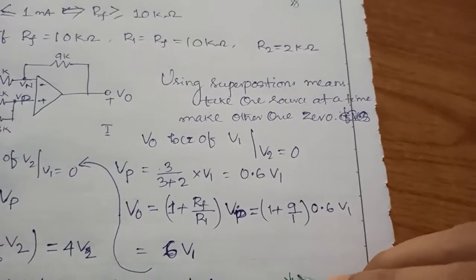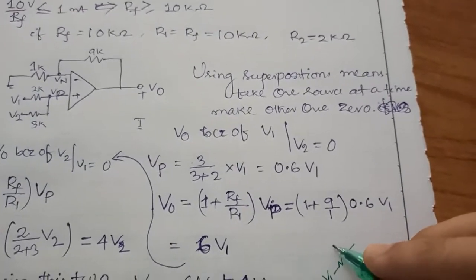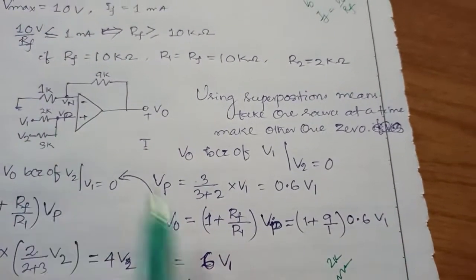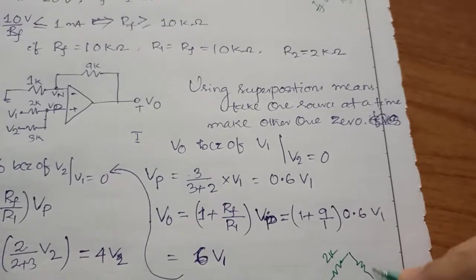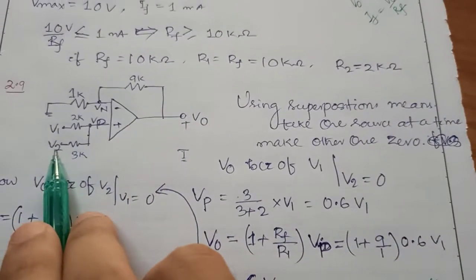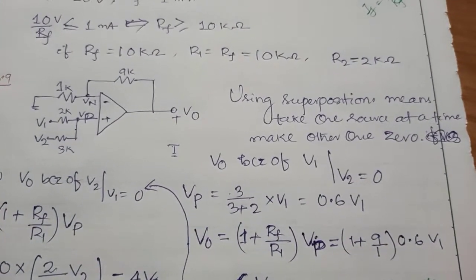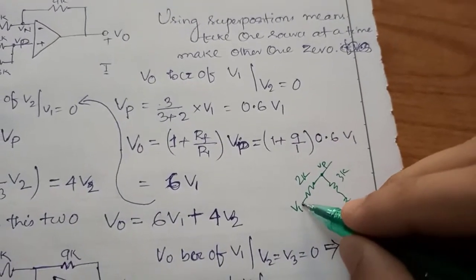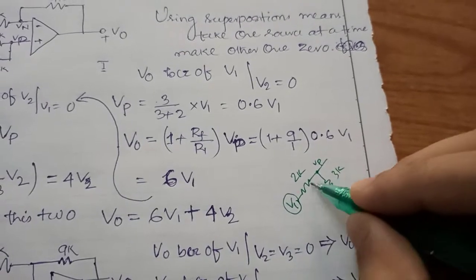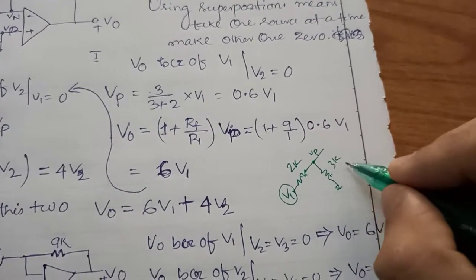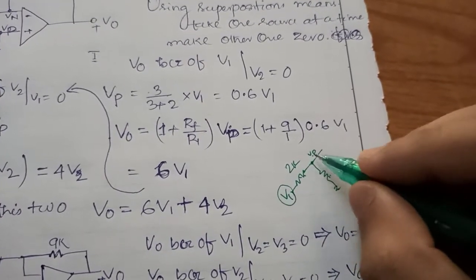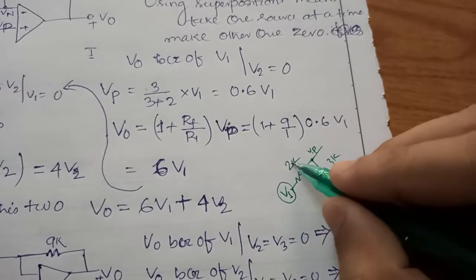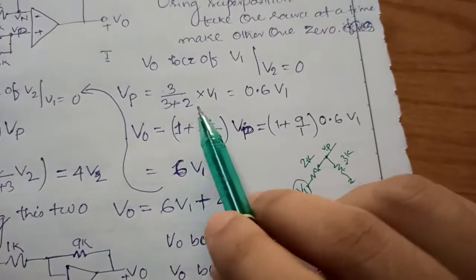Now my circuit will become, this is V1, a resistor of 2 kilo ohm is connected, and below it a 3 kilo ohm resistor is there, and its other end is grounded. This is my Vp. So it looks like a voltage divider. This is the supply voltage, and these are the two resistors. So across this resistor my voltage Vp is nothing but V1 into 3 kilo ohm upon 2 kilo ohm plus 3 kilo ohm, that I wrote.